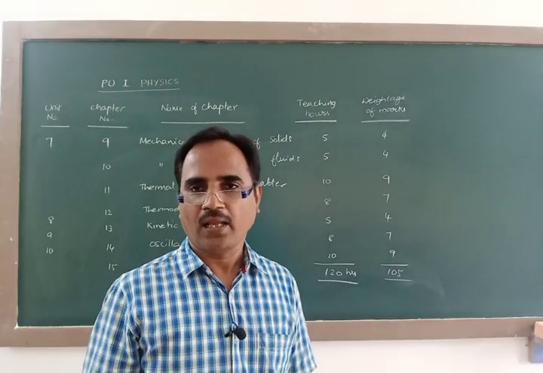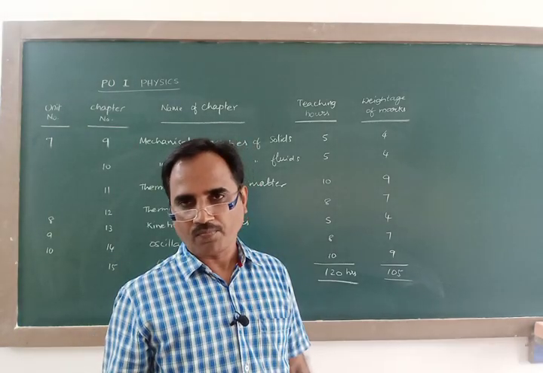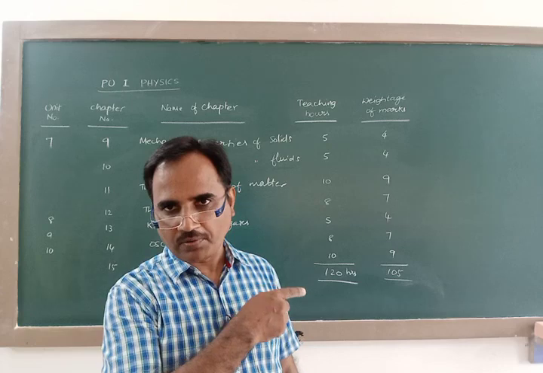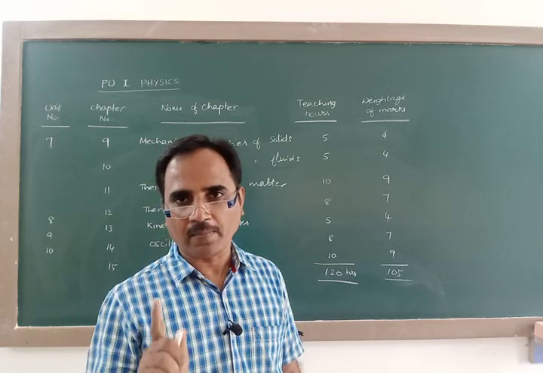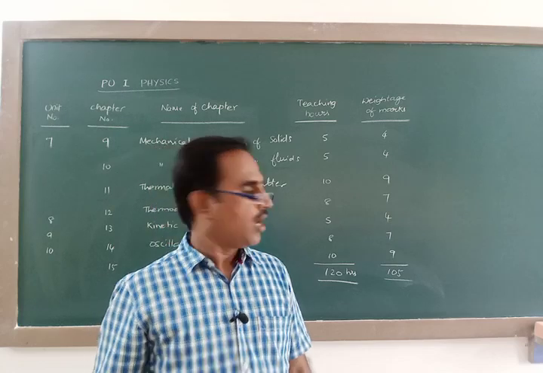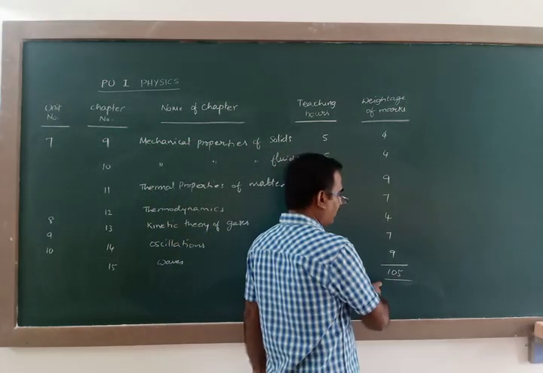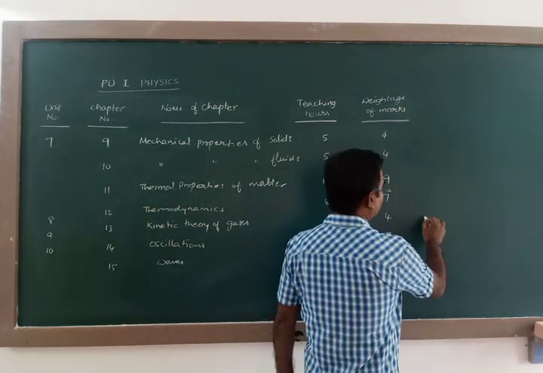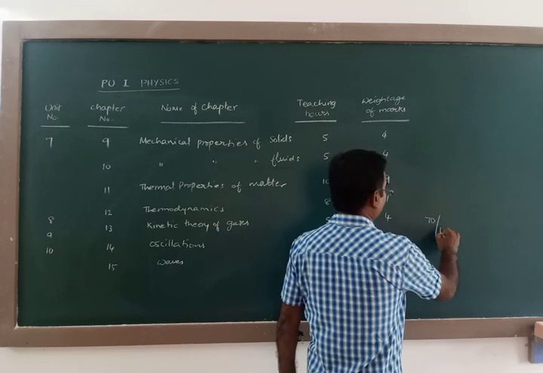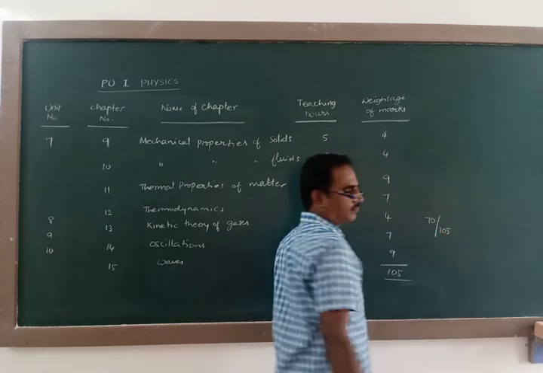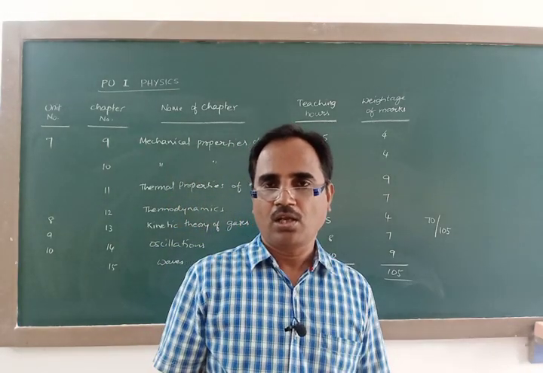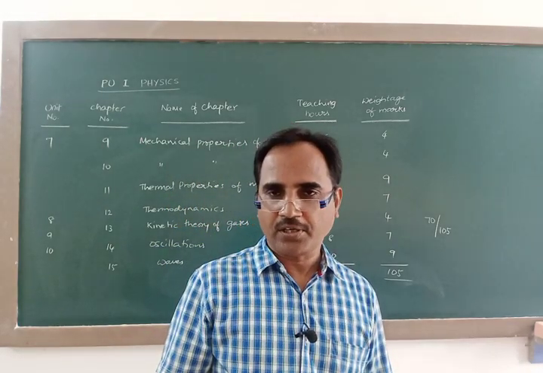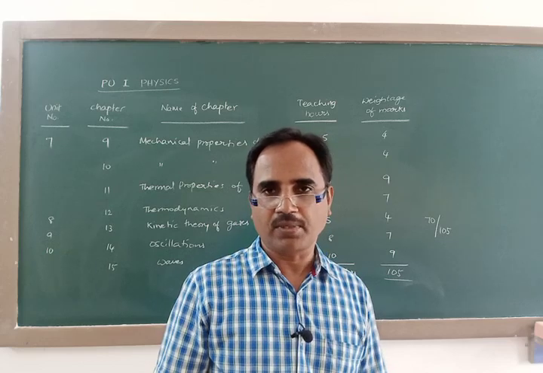So in the annual examination, out of this 120 hours syllabus, questions will be asked for 105 marks. Out of these 105 marks, you have to answer for 70 marks only, because your theory examination paper is for 70 marks.